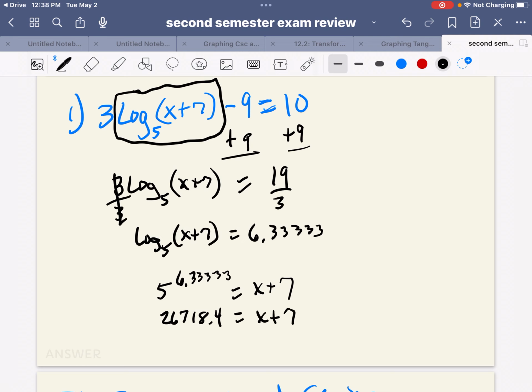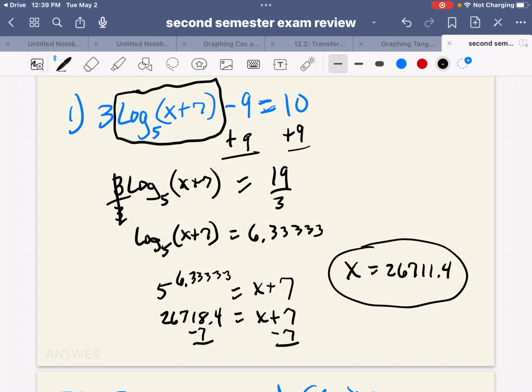So obviously, to finish solving for x, I want to subtract 7 from both sides, and x equals 26,711.4, which would be the solution to this equation. On the review handout, you would see that problems similar to these problems reviewed in the video are at the beginning of the review, so you could complete that portion of the review handout accordingly.